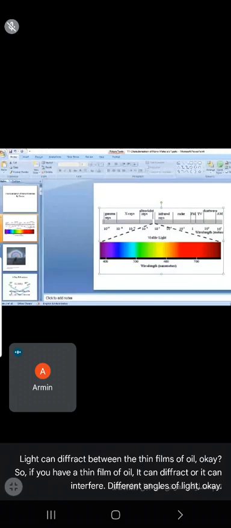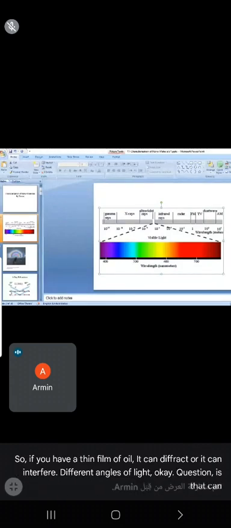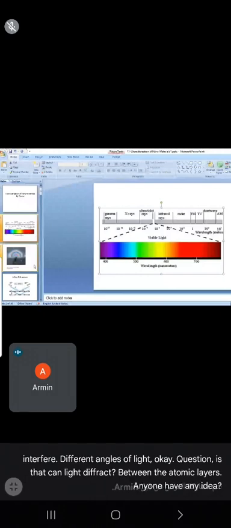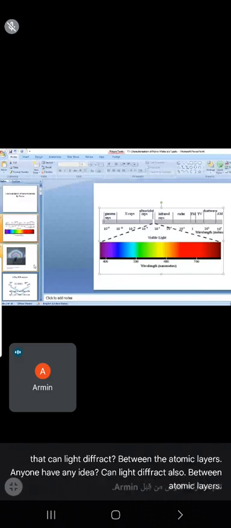But the question is, can light diffract between the atomic layers? Can light diffract also between atomic layers of material?